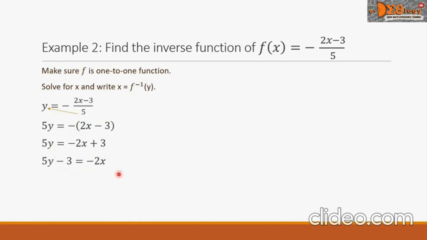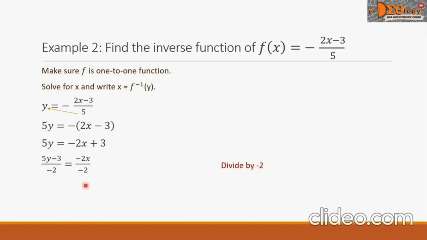So I have now 5y minus 3 equals negative 2x. To simplify further, I want this x to be alone, meaning the coefficient should be 1. I'm going to divide both sides of the equation by the coefficient of x, which is negative 2. So this negative 2x divided by negative 2, and the other side is 5y minus 3 divided by negative 2.